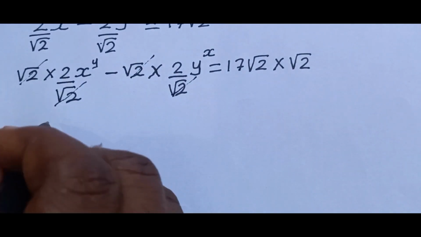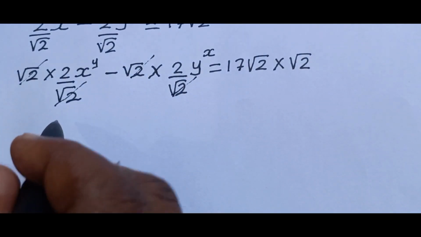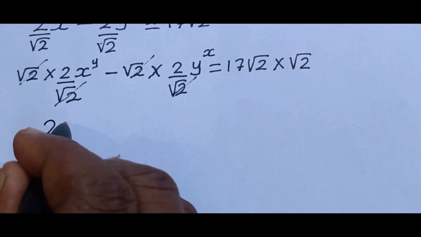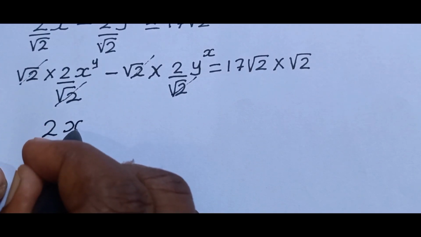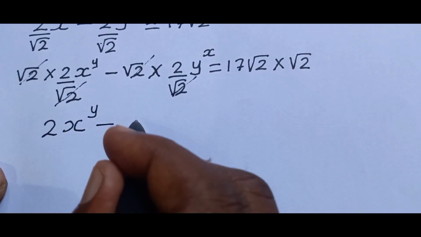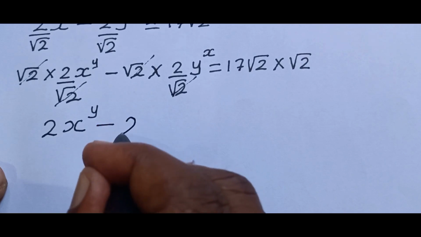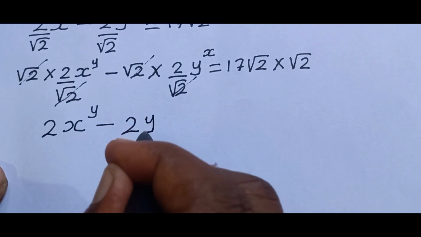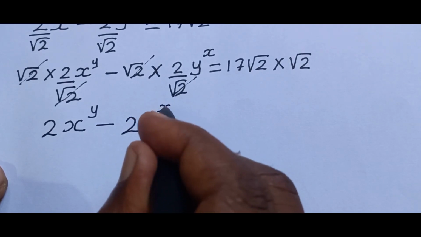Here we remain with 2x raised to power y minus 2y raised to power x.